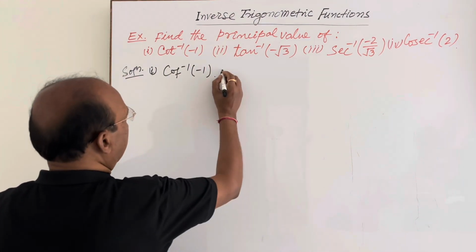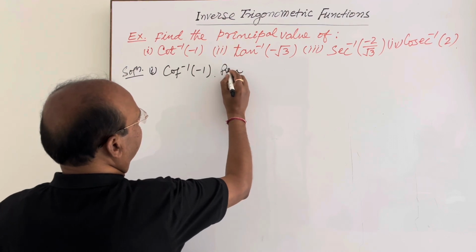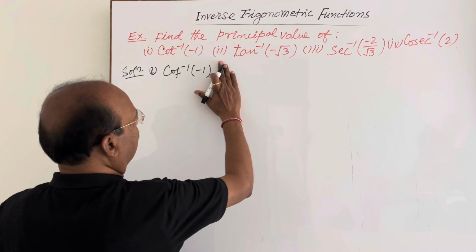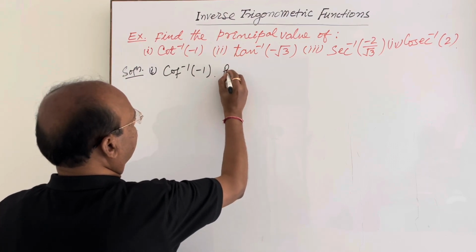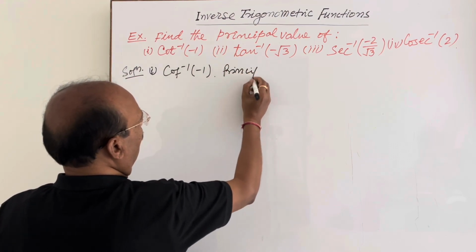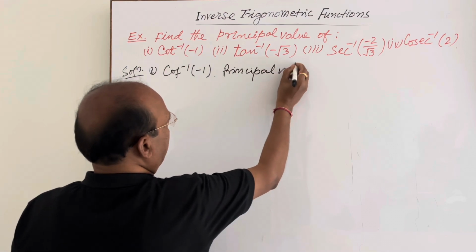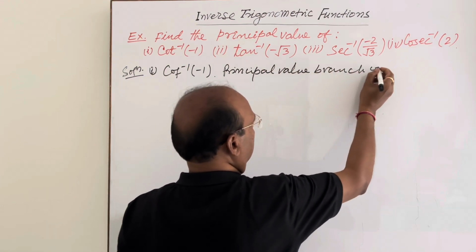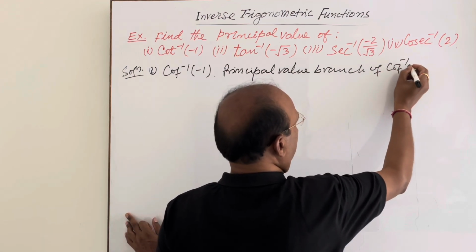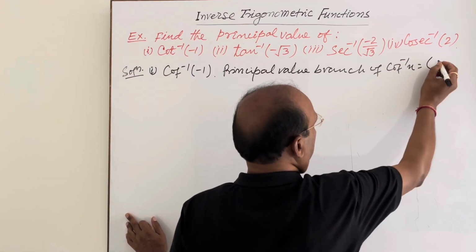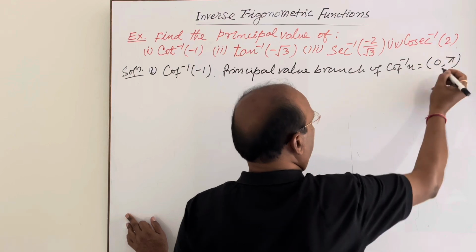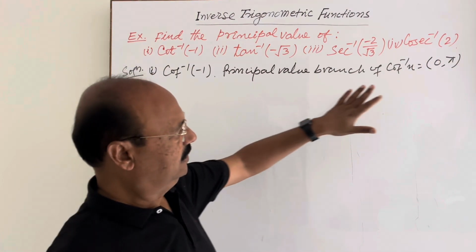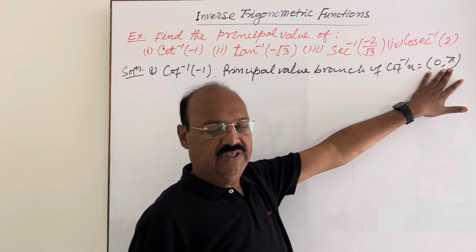The principal value branch of cot inverse x is the open interval 0 to pi. So this value must lie in this interval 0 to pi.